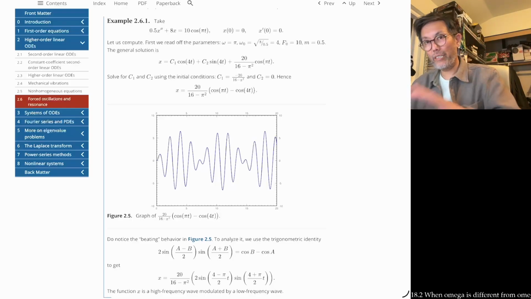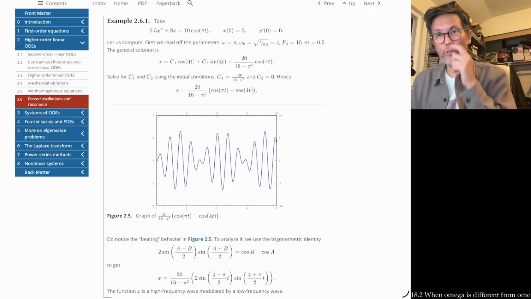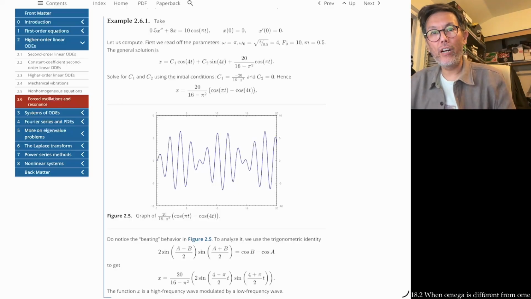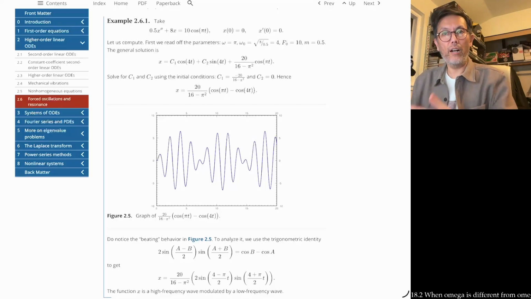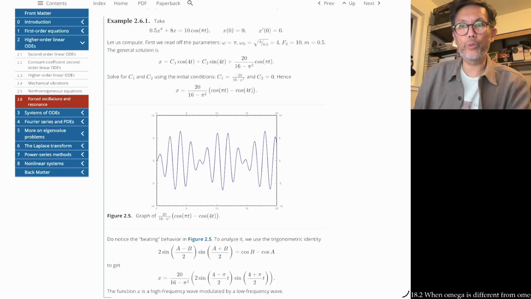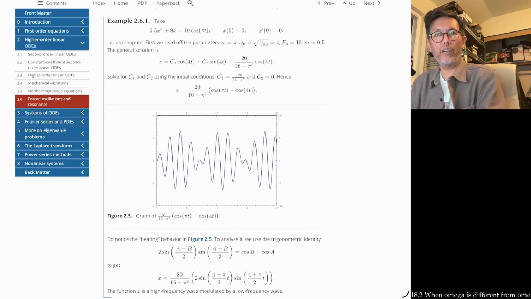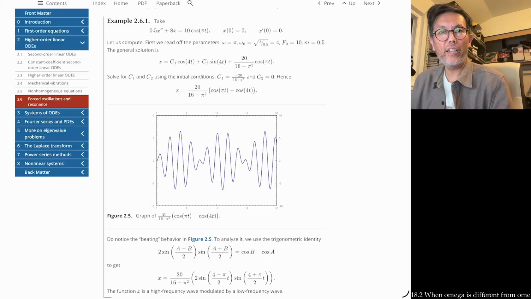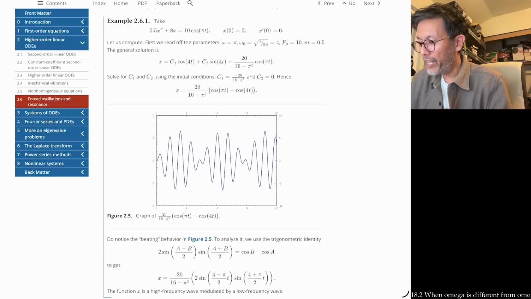You can go through this example yourself, but the thing I want you to focus on is the graph of one of the solutions to the differential equation with a particular set of initial conditions, which you can see in the problem statement.